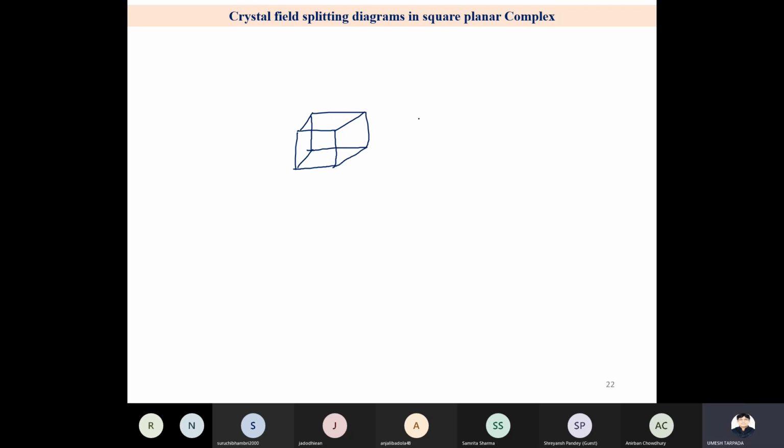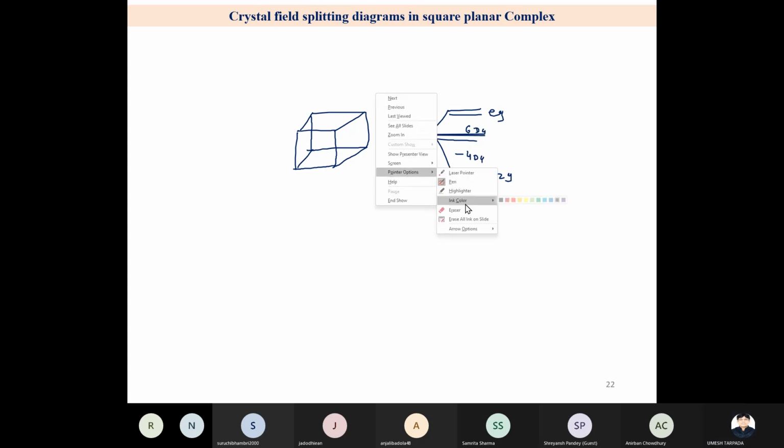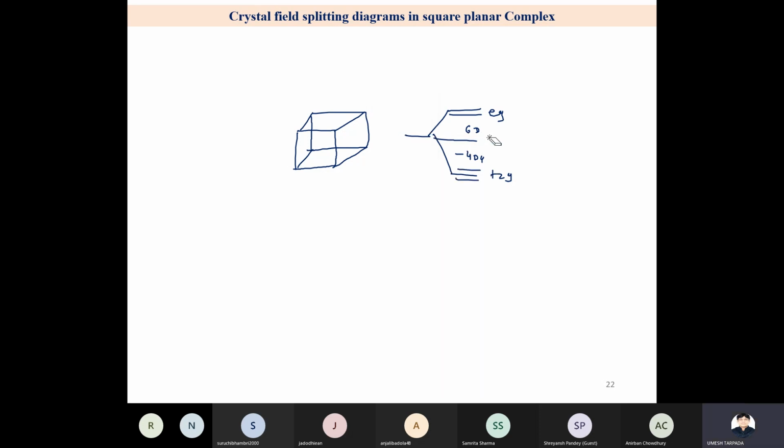See, whatever the 5 orbitals are, this is a cube, so here the Eg set has more energy and T2 has lower energy, like octahedral. उसमें कोई नई चीज नहीं है, यहाँ पे भी -4 Dq आ जाएगा, यहाँ पे 6 Dq. Okay, because basically octahedral geometry is similar to cubic geometry.